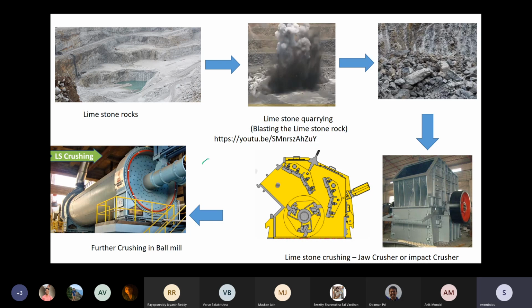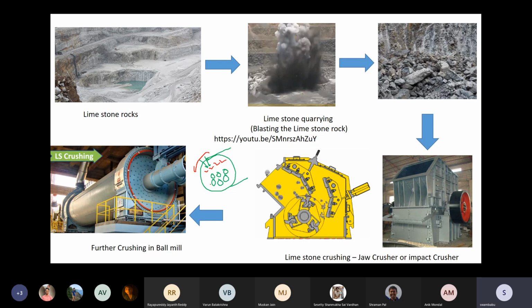We have a cylindrical vessel which is filled with balls. These are hard iron balls. Then you will add the material which needs to be ground. When this ball mill rotates, what will happen?